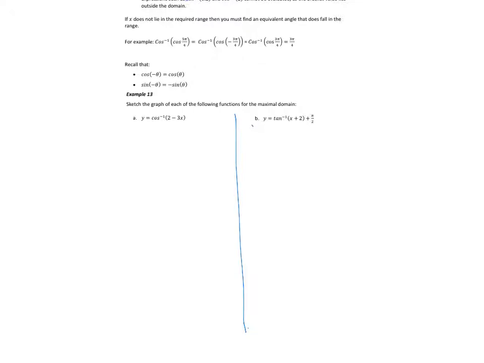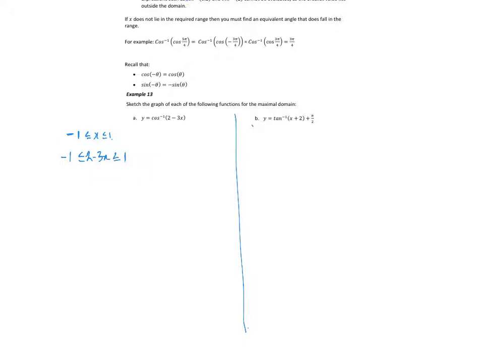So the first thing is let's concentrate on the domain of my graph. We know that the domain of cos inverse is negative 1 less than x less than 1. So in this case, I need 2 minus 3x to be less than 1.